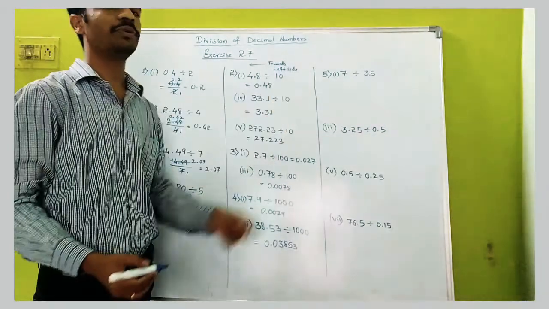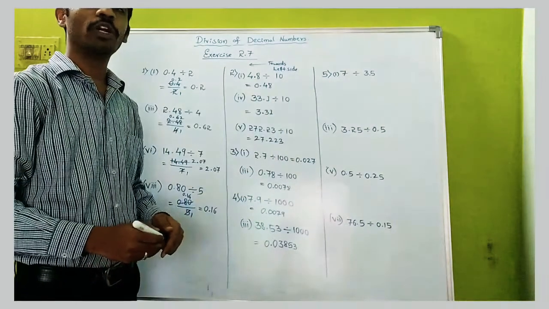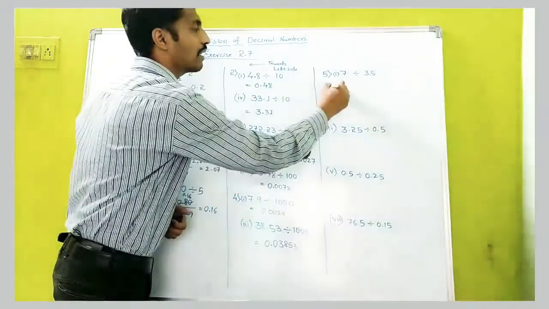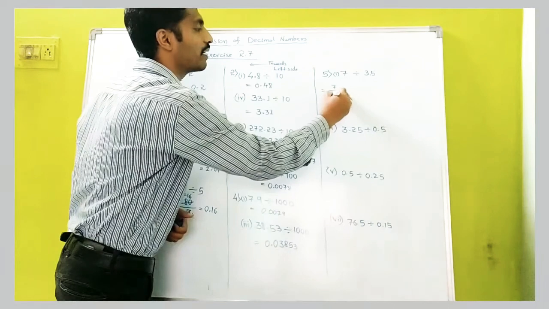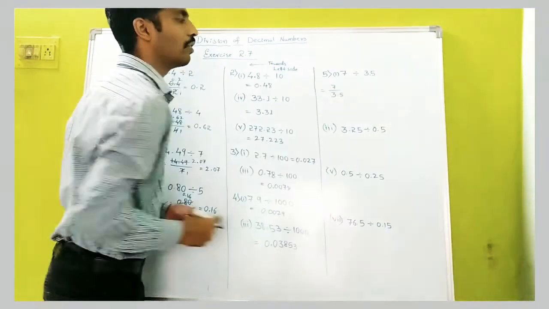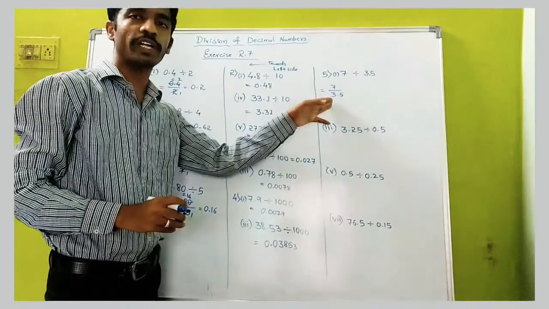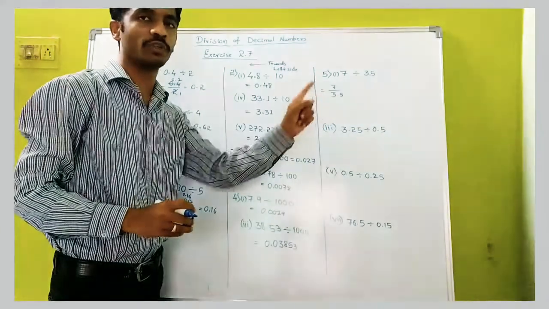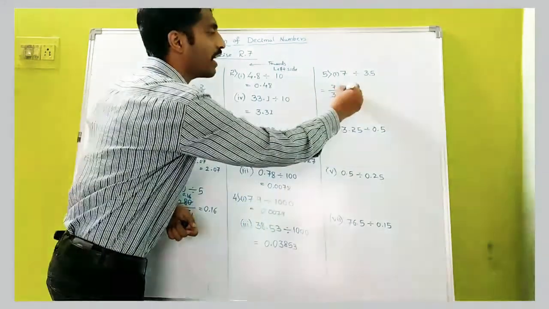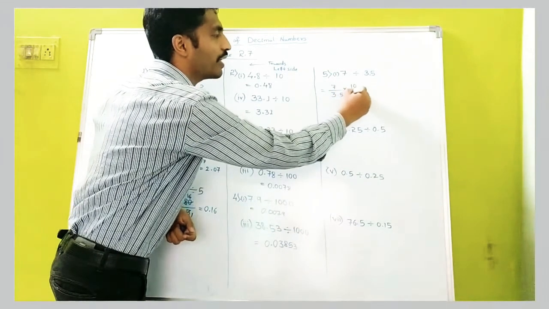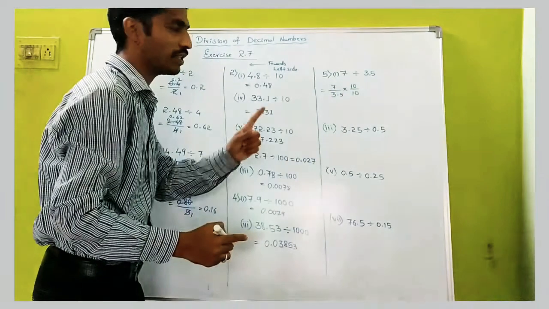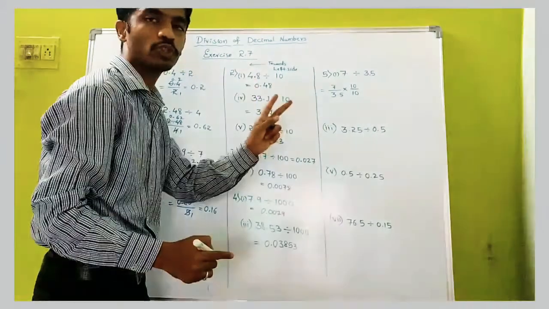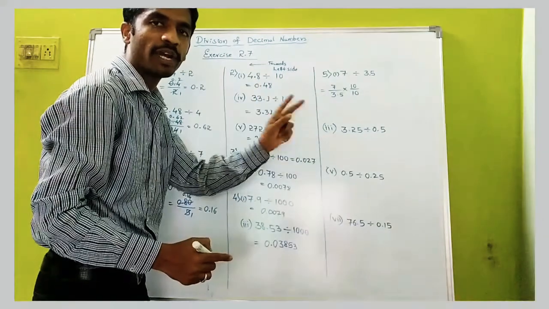Next, division of a whole number by decimals. How to do it? First, write it in the form 7 by 3.5. How do we remove this point? Here, after one number, the point is there. One number means 10. It means we have to multiply numerator and denominator by 10. That's why I am multiplying by 10 by 10. If there are 2 zeros, it means 100 by 100.